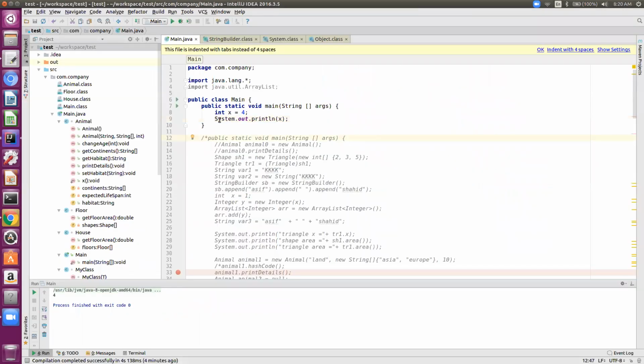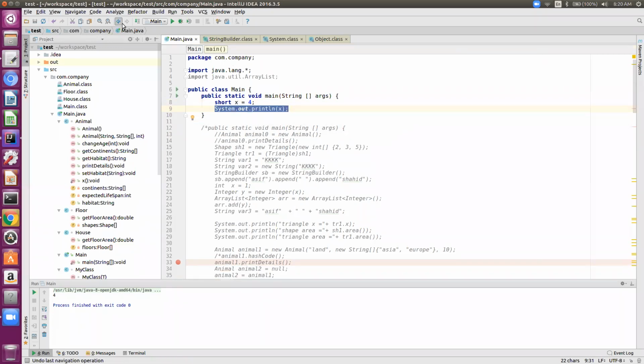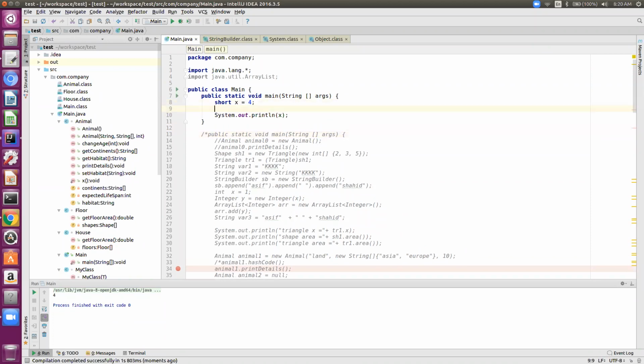I am writing short x equal to 4, and if I run the program, what do you think will be printed? 4. Correct. Now let's write char y equal to 61, to be more precise. If I run it again, it will of course print 61.